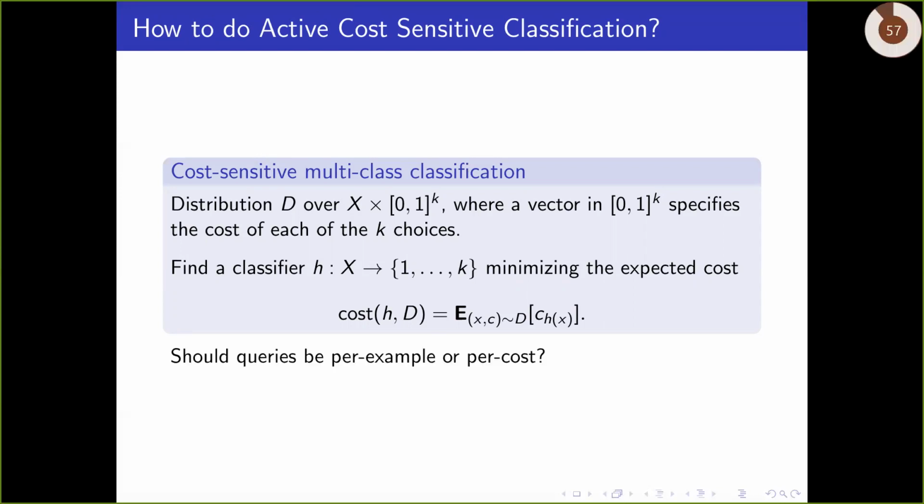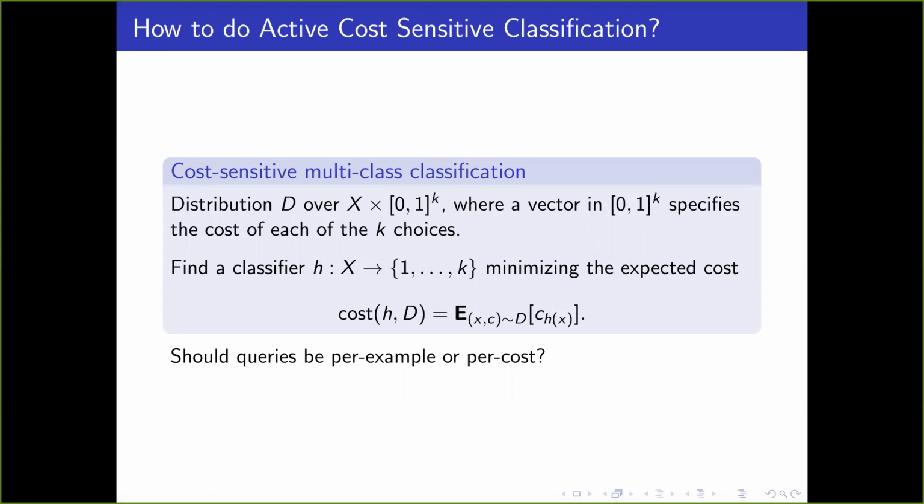Okay, so one question that comes up immediately is, should you be querying per example or per cost? I was just going to ask, what's the incentive for doing it per example?